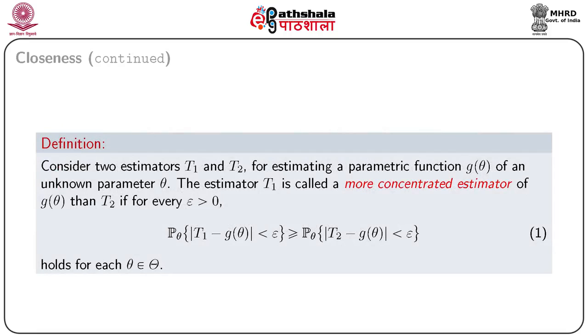Let us consider two estimators, capital T1 and capital T2, for estimating a parametric function g theta of the unknown parameter theta.